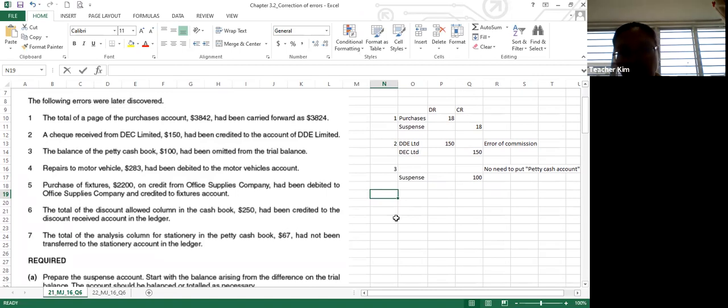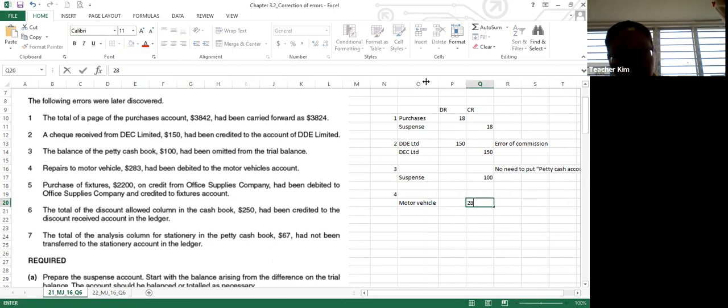Okay, question 4. Repair to motor vehicle, 283, has been debited to the motor vehicle account. So this repair is an expense, but we went and debited it to the motor vehicle account. We have to reverse the motor vehicle account because this is an asset.